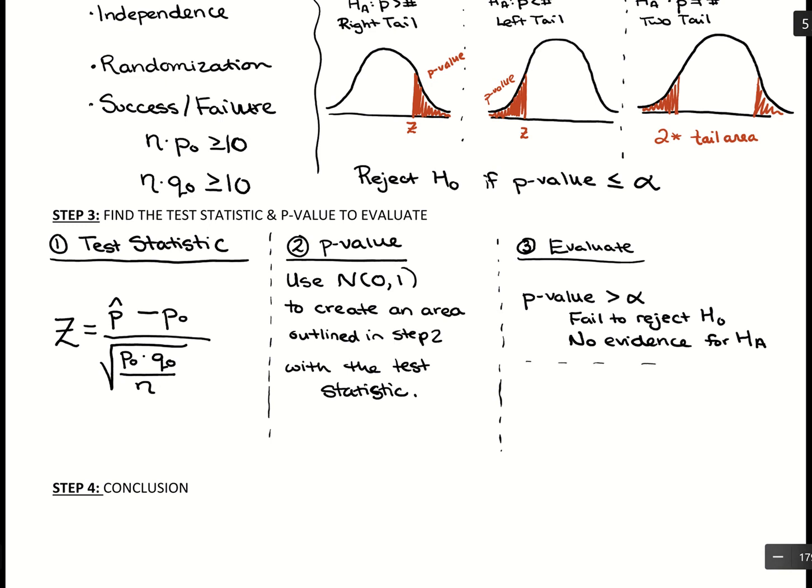If our p-value is small, then we reject the null hypothesis, which means we do have evidence for the alternative. So those are our little 3 sub-steps.